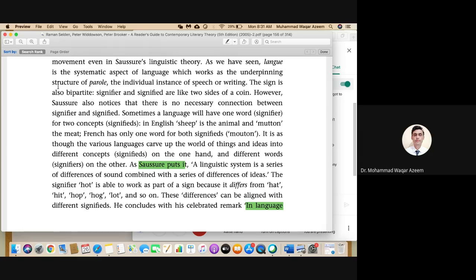So this is an initial characteristic of post-structuralism. We will connect it with some theory over here.